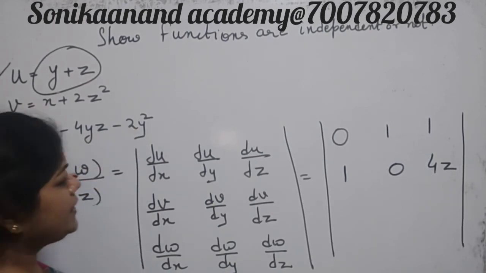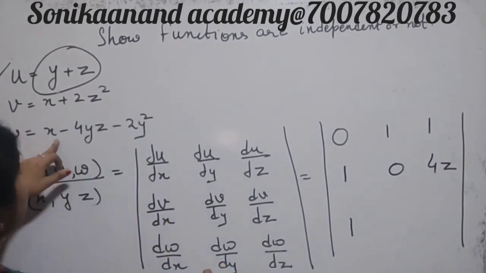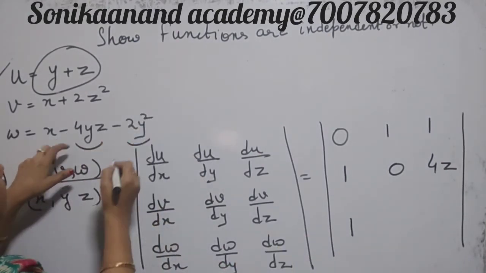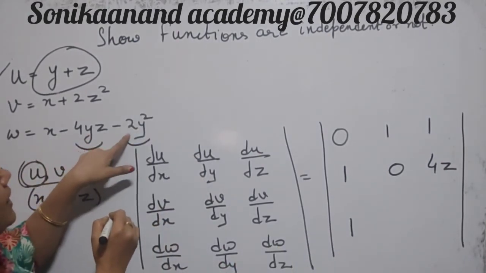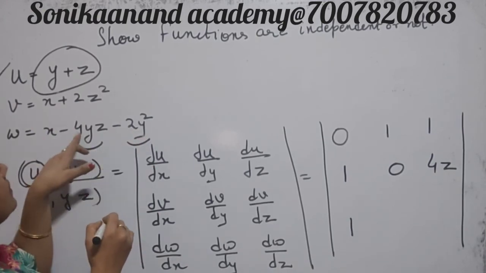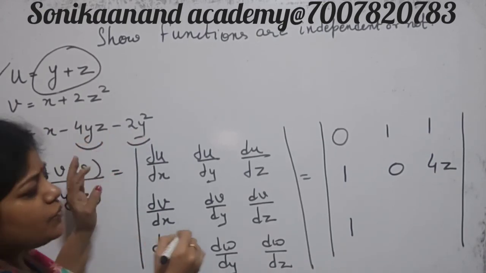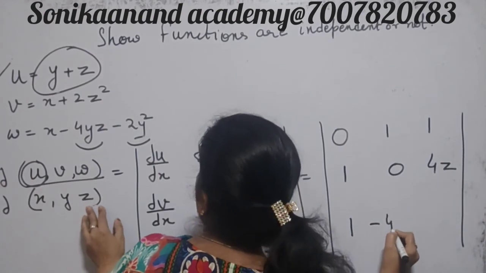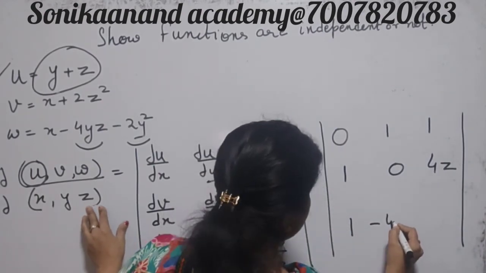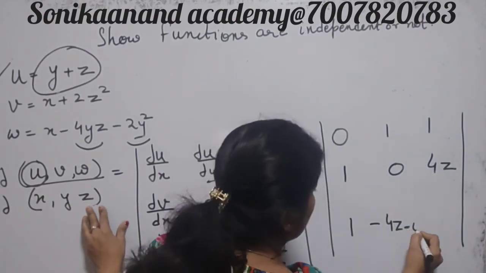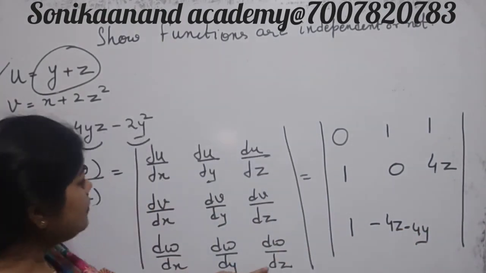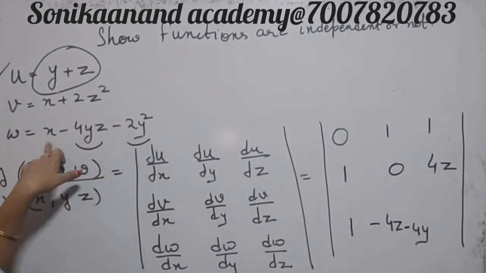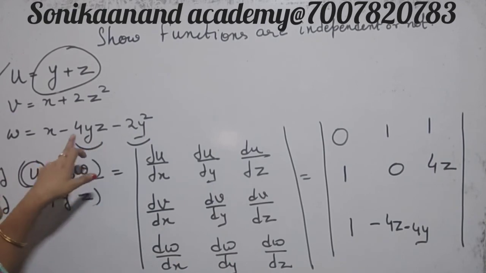So we get 1. For the y term, we get minus 4z minus 4y, because two terms are there, so we have to write two terms.